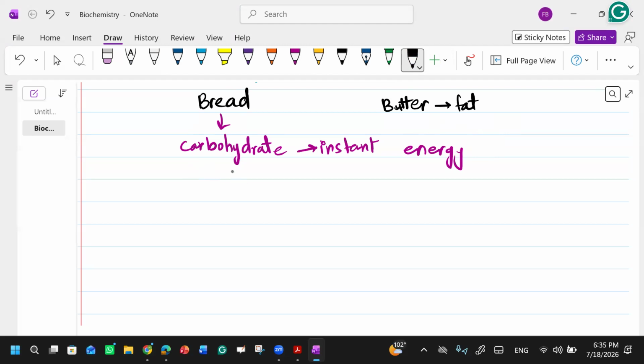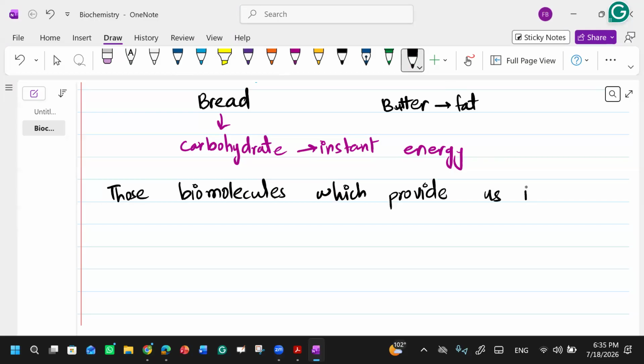So carbohydrates are what? These are those biomolecules which provide us instant energy. So whenever instant energy is needed, what do we take?